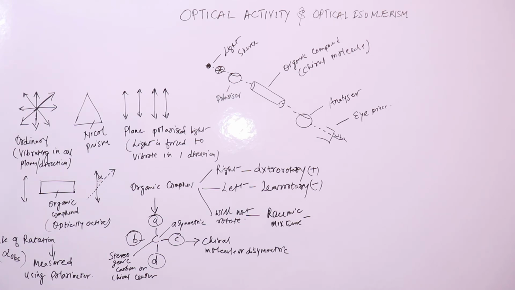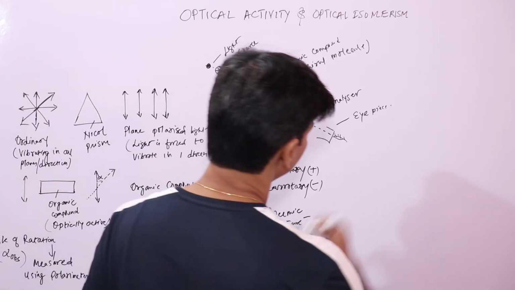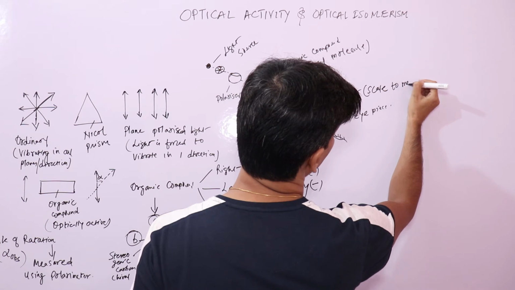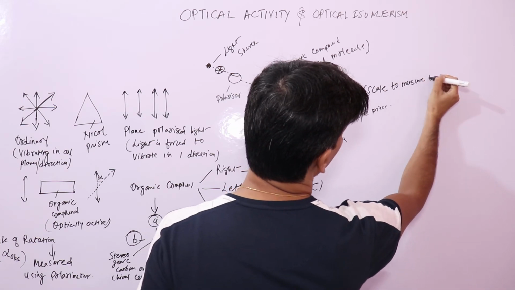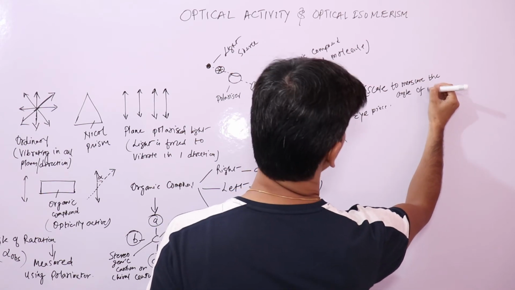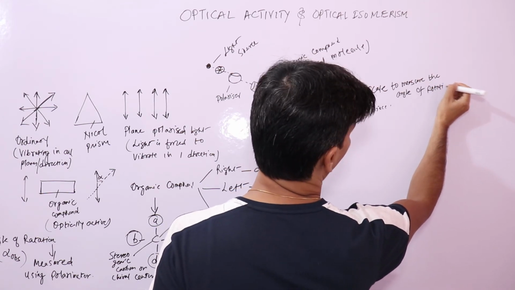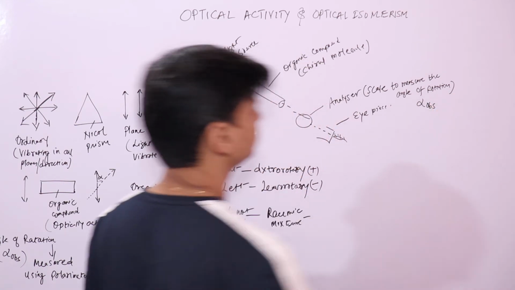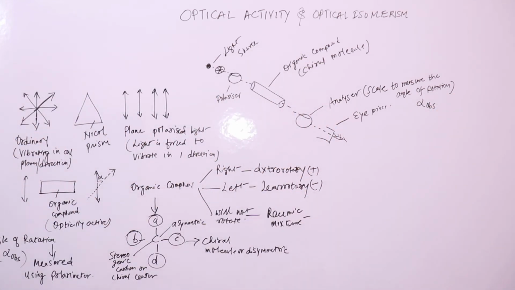One important thing, this analyzer has a scale to measure the angle of rotation. That angle we will call the observed angle later. So this is how it looks.